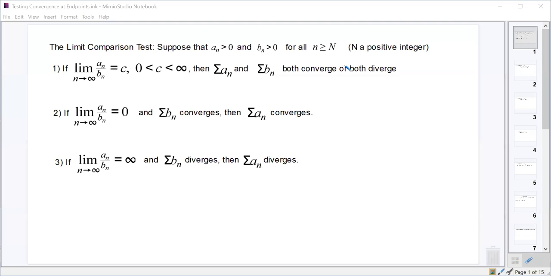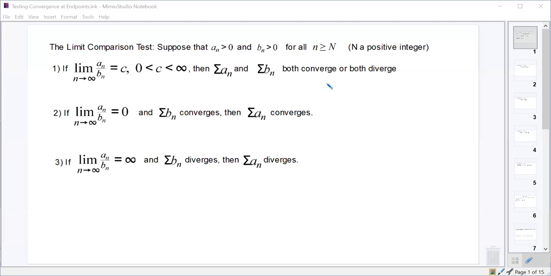So the way the limit comparison test works is take the ratio of the nth term of your series divided by the nth term of the series you're going to compare it to, and look for the limit as n approaches infinity. If that comes out to be a non-zero finite number, so anything between 0 and infinity, that will tell you that either both of your series converge or both of them diverge.